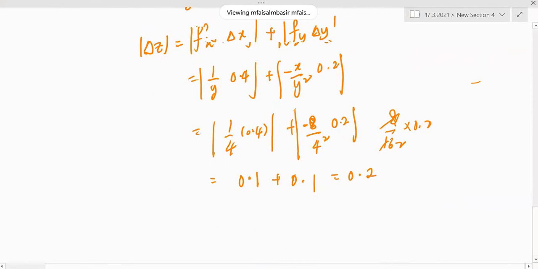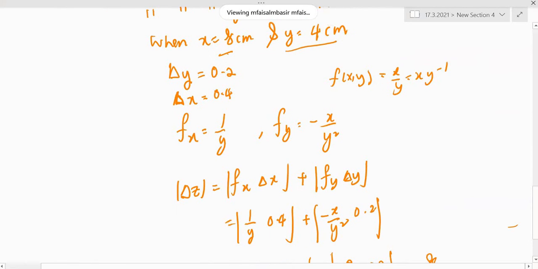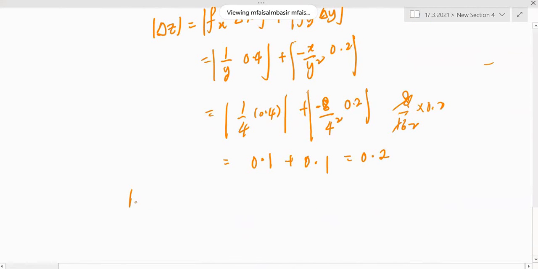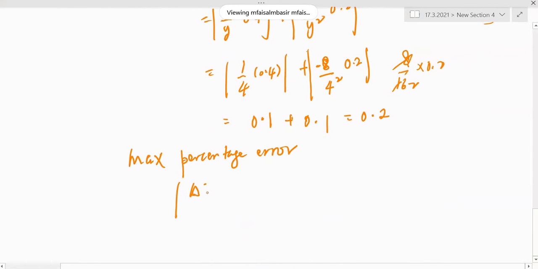Okay. So in the same question, if they ask you to find maximum percentage error, will be delta z over z. Will be fx delta x over z.